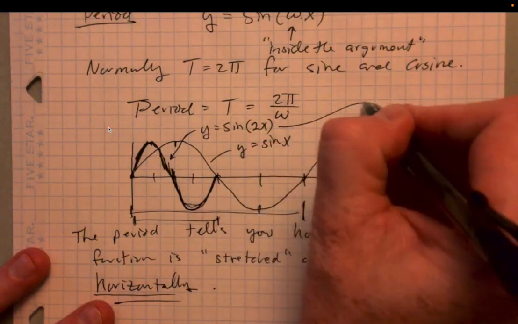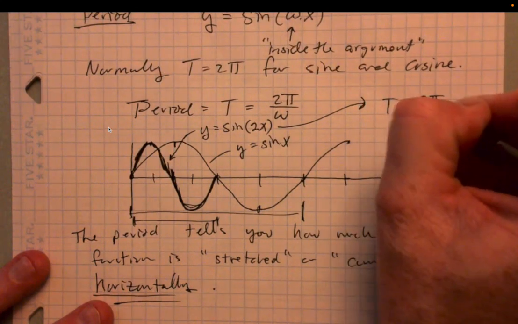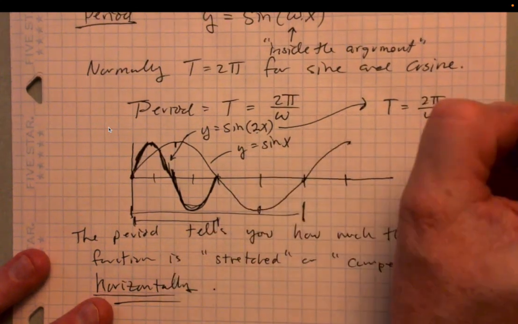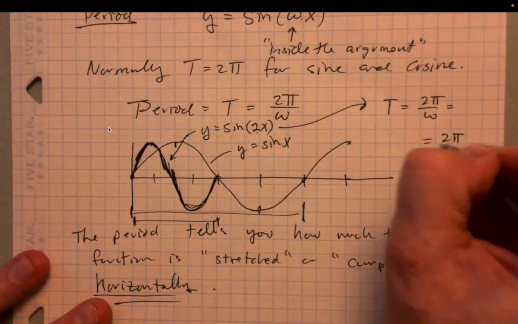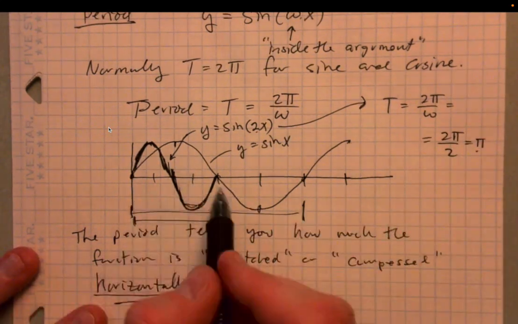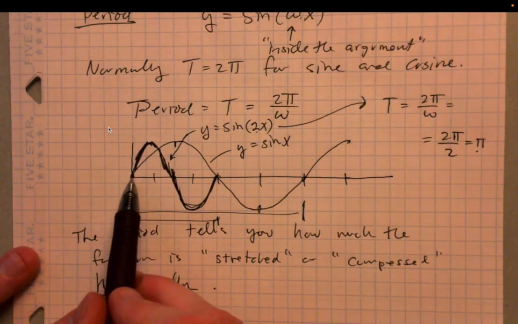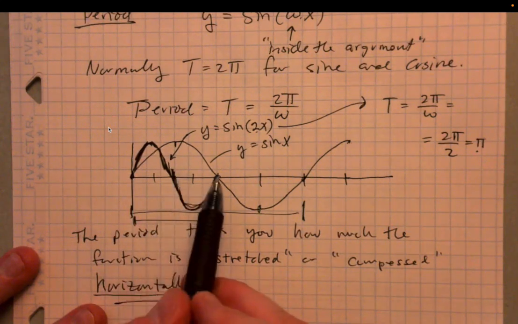And why is that? Well, the period is equal to 2 pi over omega. In this case, omega is 2, so it'd be 2 pi over 2. So now the period is shrunk down to pi. And that's what we're seeing here. This would be 0, pi over 2, pi.